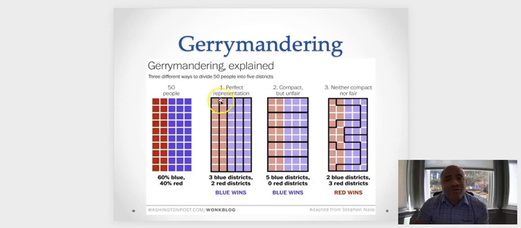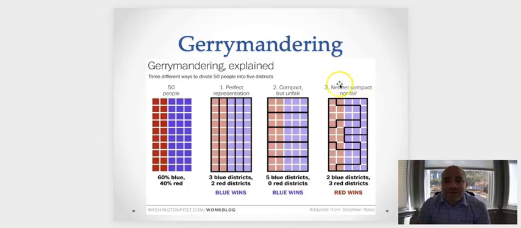But you could divide it in a different way, this way. And then if you divide it this way, you only get blue representation, right? Blue wins 5 districts. Even though 40% of the people are red, none of the representatives are red, or people that they chose. They get outvoted every time.